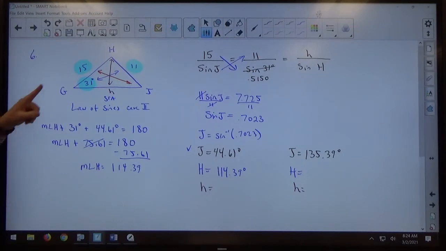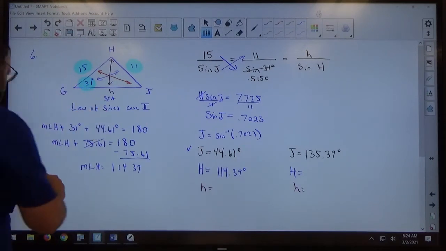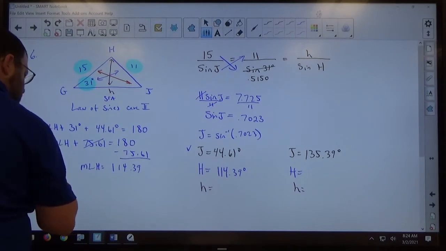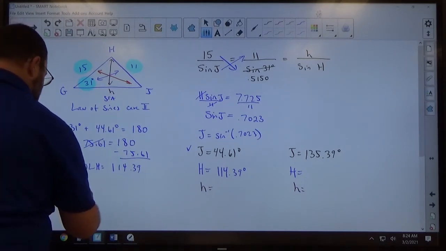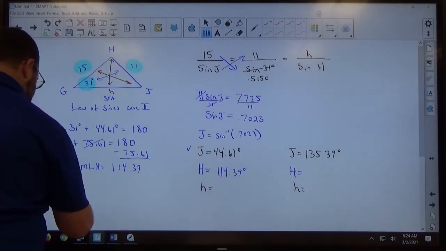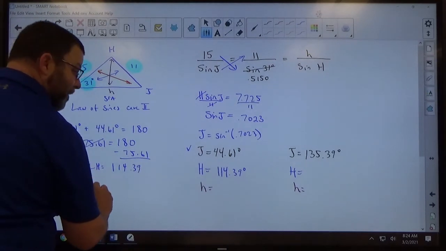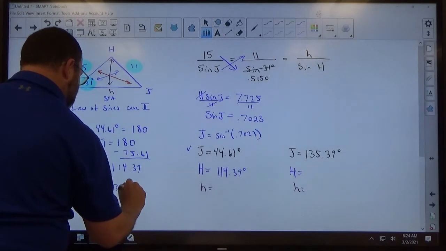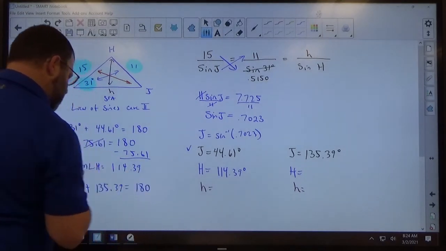If instead J is the 135.39 degree angle, G is still 31 degrees, and I want to find out what H equals, the measure of angle H plus 31 plus 135.39 is equal to 180 degrees.